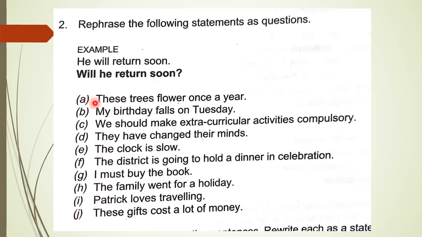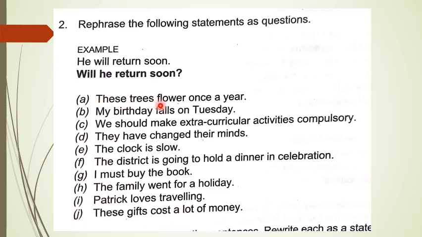Sentence number A. These trees flower once a year. So we see that this sentence is in simple present tense. So simple present tense, when it is converted into a question, we use do or does before the subject.